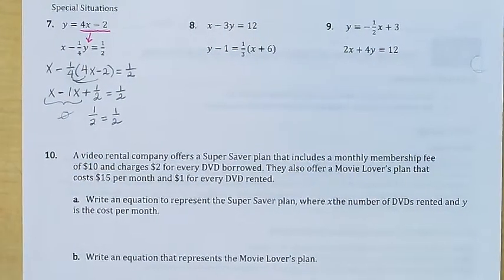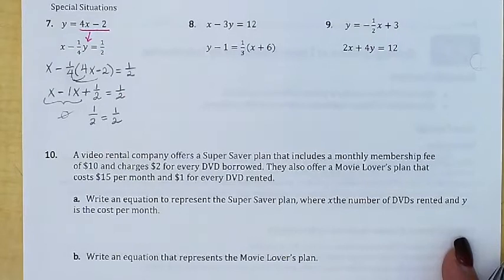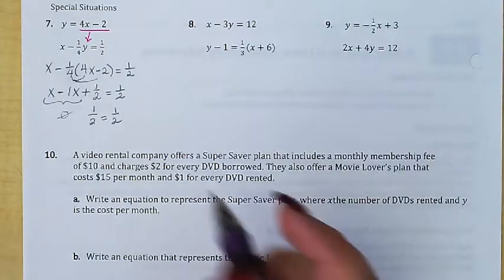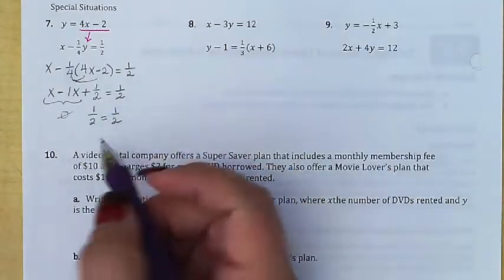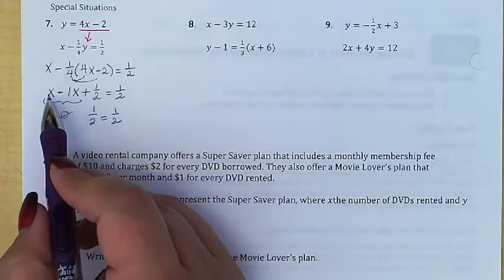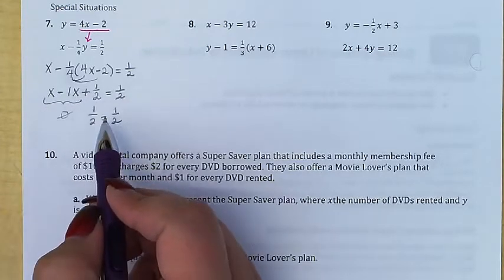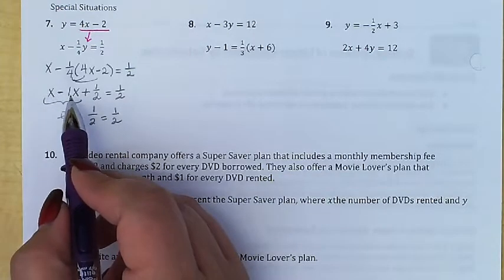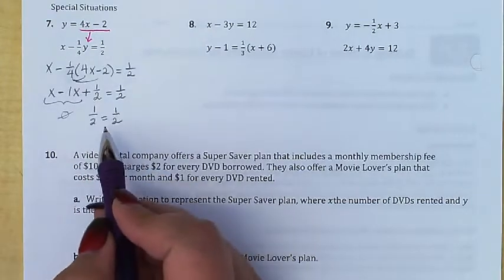If this sounds familiar, it should, because we did these types of problems back when we were solving equations in chapter 1 and part of chapter 2. If our variables disappeared on us, we knew that didn't necessarily mean we had done something wrong. Of course, we'll check our work, but it means we had a special situation.